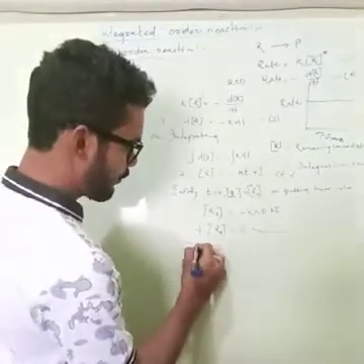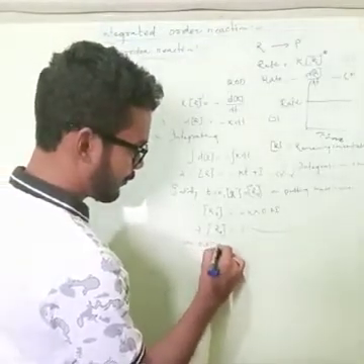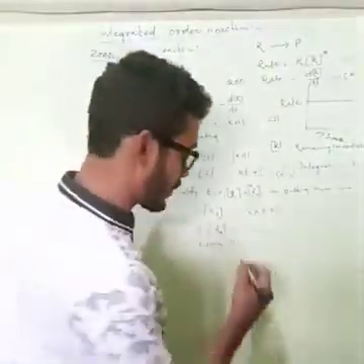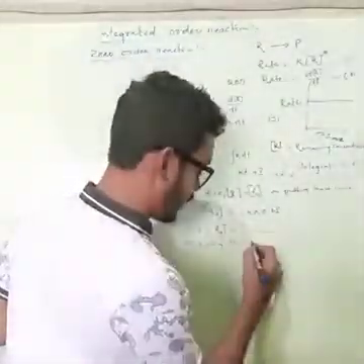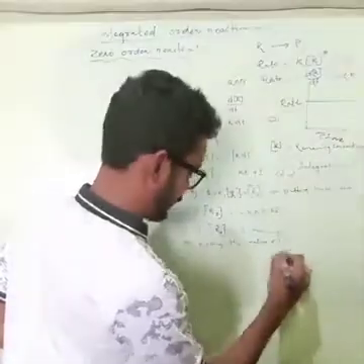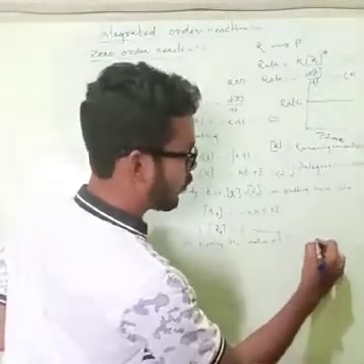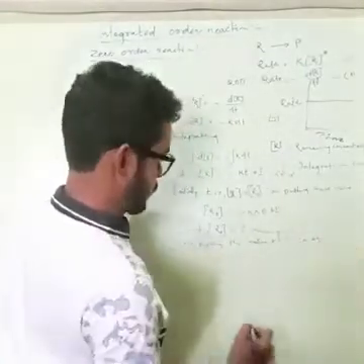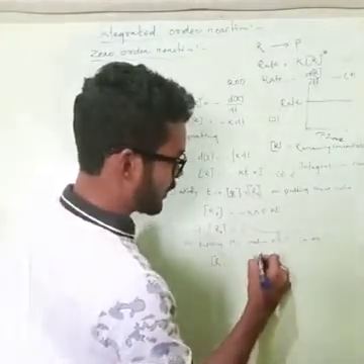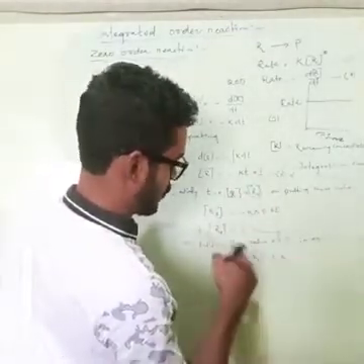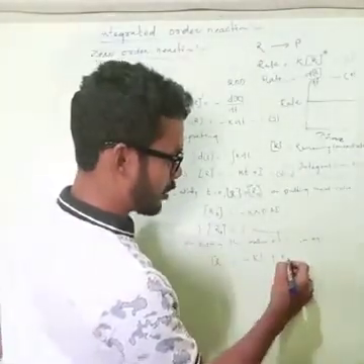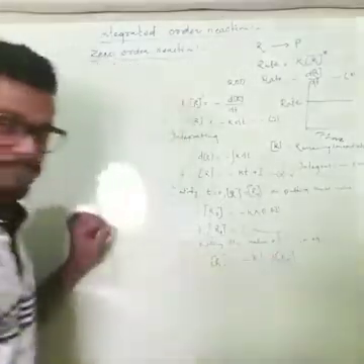On putting the value, because we are calculating the integrated zero order reaction, integrating the value of I in equation 4, R concentration equals minus Kt plus R naught concentration.